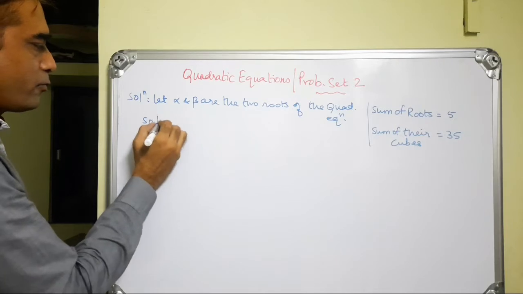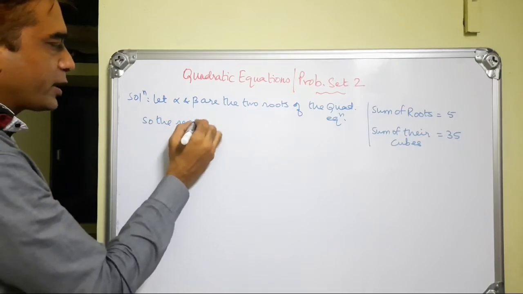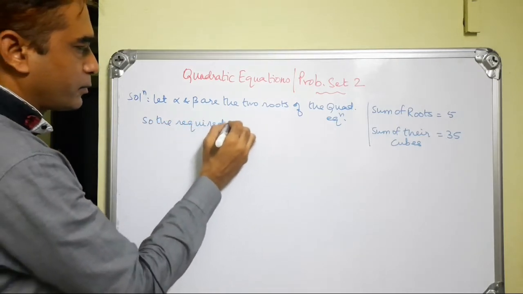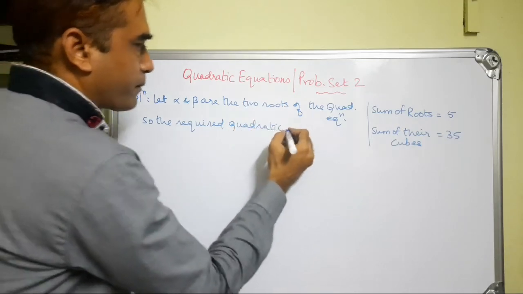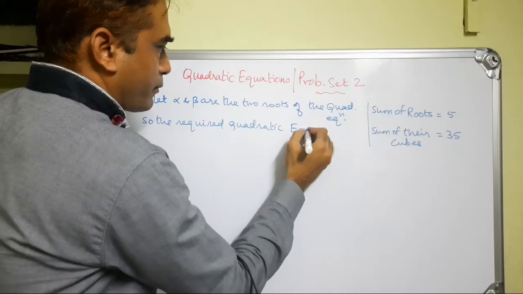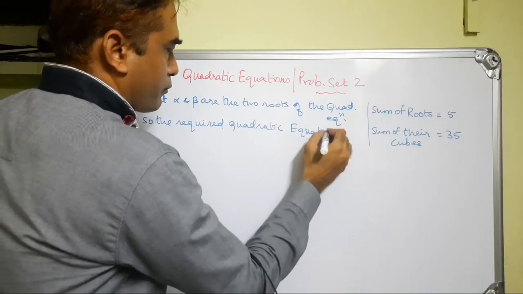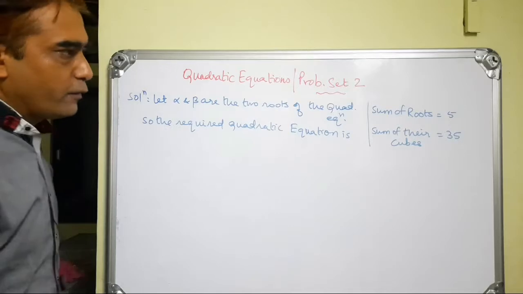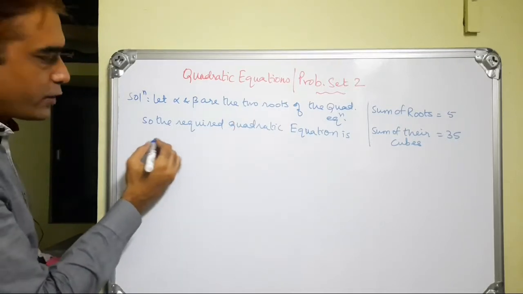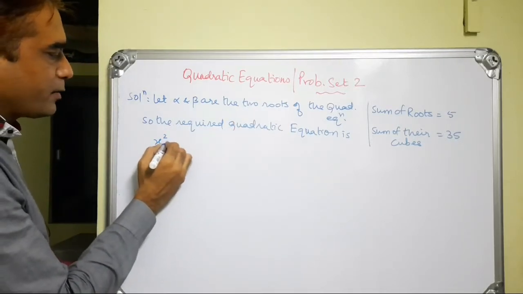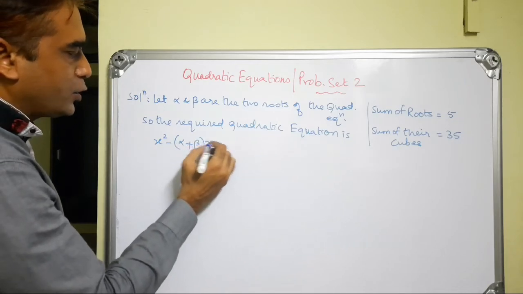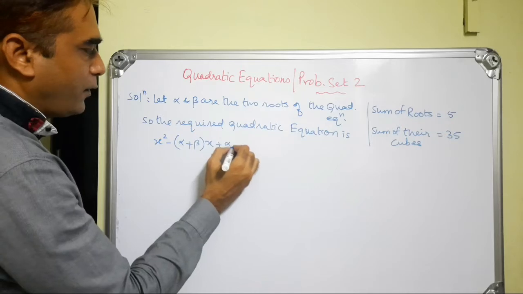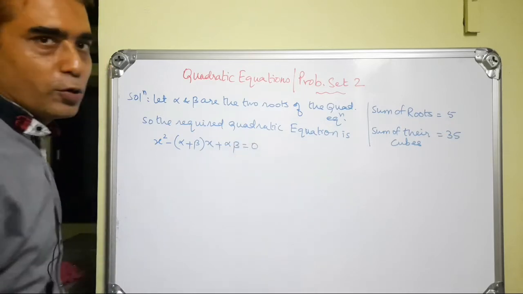So the required quadratic equation is, when we know the roots, the required quadratic equation will be x² − (alpha + beta)x + alpha beta = 0.